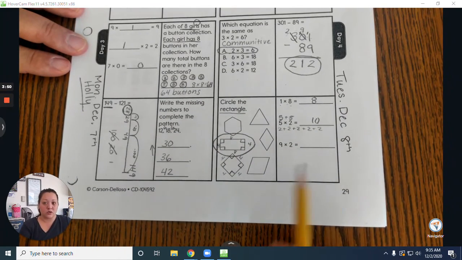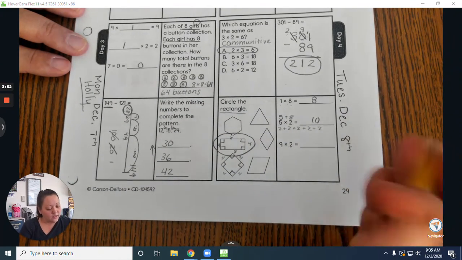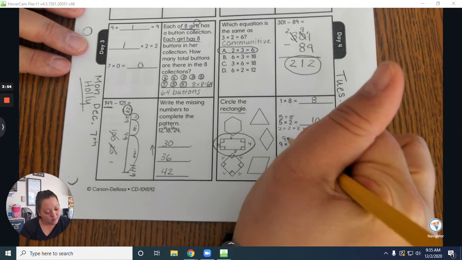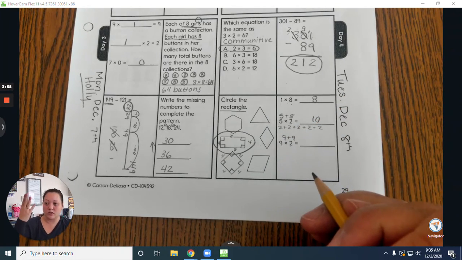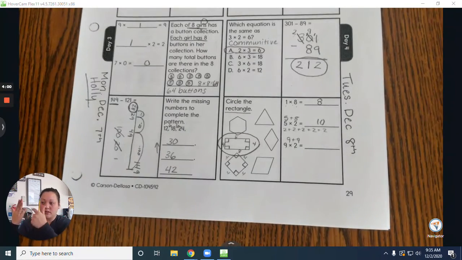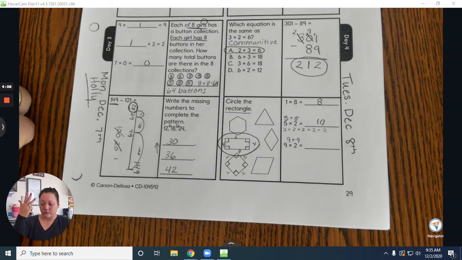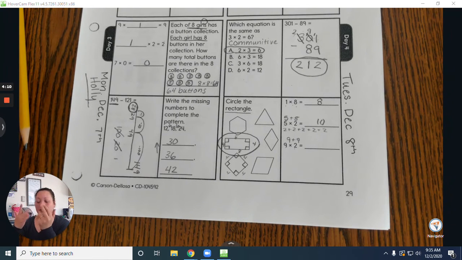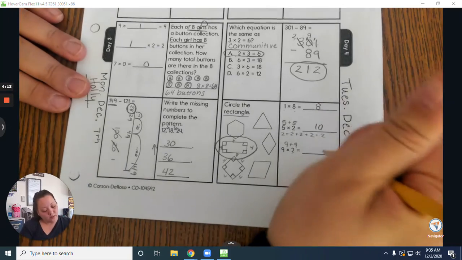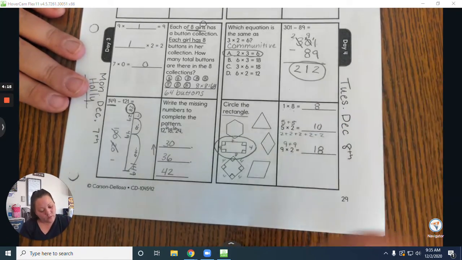That's what that multiplication equation equals. 9 times 2, or 9 plus 9, or 2 plus 2 plus 2 plus 2 plus 2 plus 2 plus 2 plus 2 plus 2. So we could skip count by 2. So 2, 4, 6, 8, 10, 12, 14, 16, 18. Or 9 plus 9 equals 18.